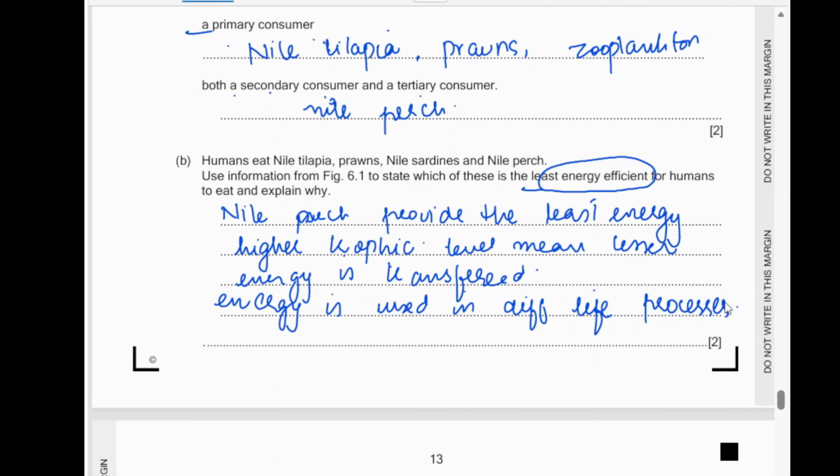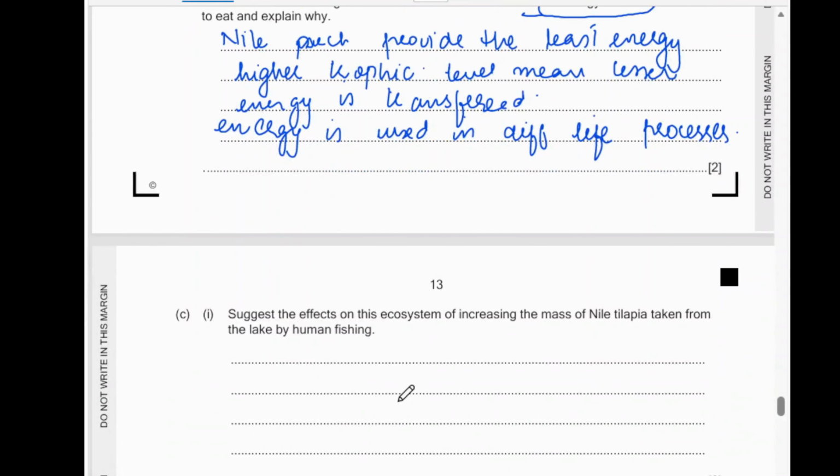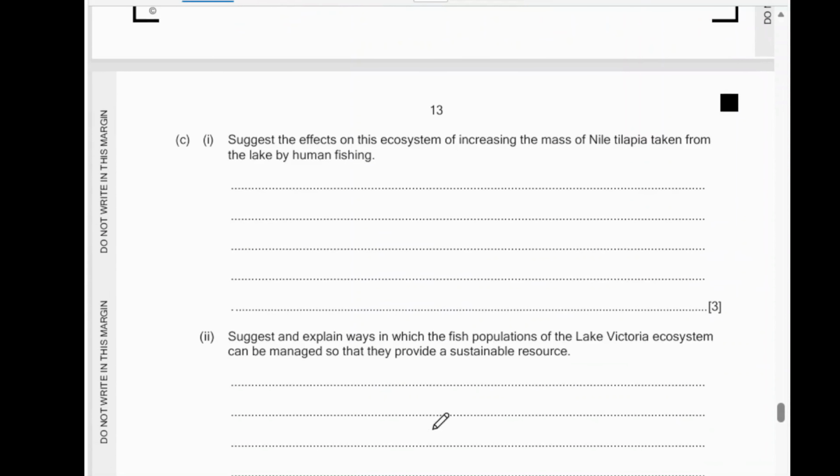Clear? What other life processes can be there other than respiration? Movement, correct? Excretion, digestion, growth.